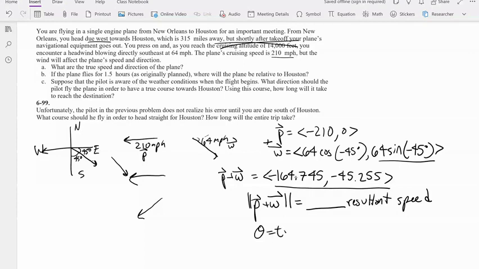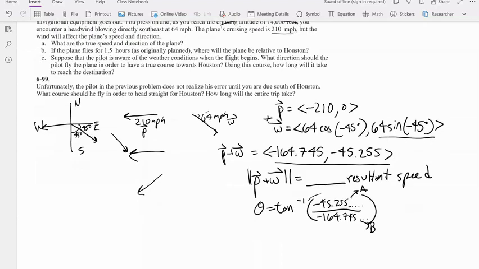Theta is equal to tangent inverse of your y over x. So it'd be negative 45.255, and you should use more decimal places, divided by negative 164.745. Store those in your calculator, right? Store that as A, store this as B, and then do tangent inverse of A over B. And that will give you your theta.